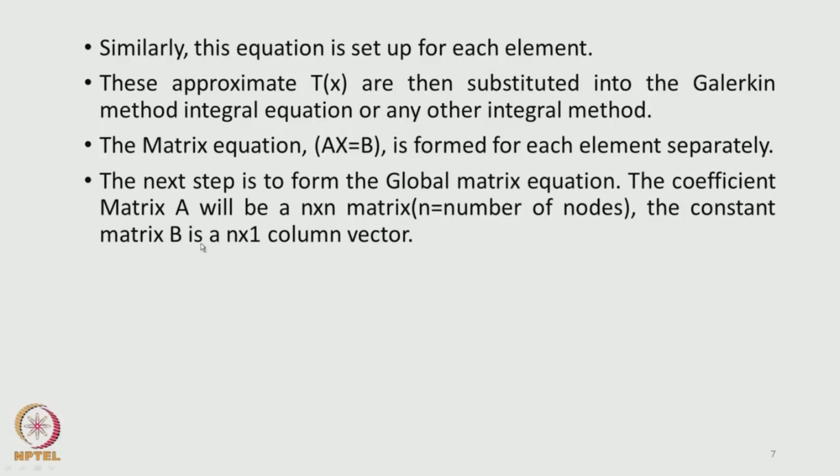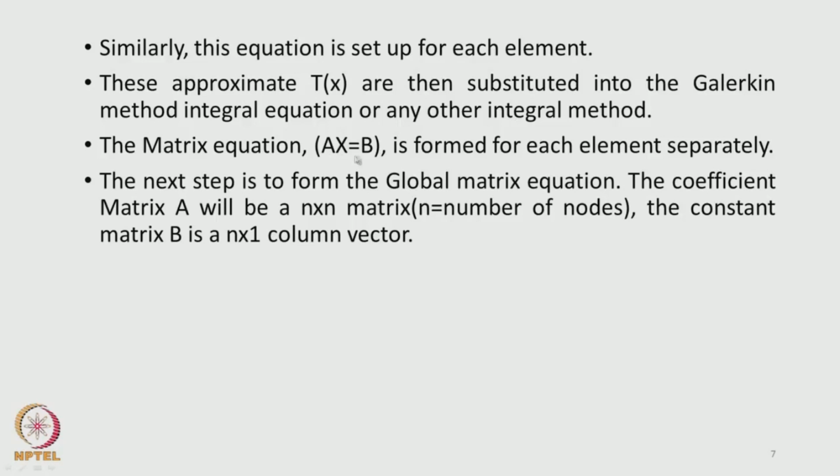So, matrix A will be an n by n matrix which corresponds to the number of nodes, and constant matrix B will be a one column vector which is on the right hand side. X is the unknown to be determined.